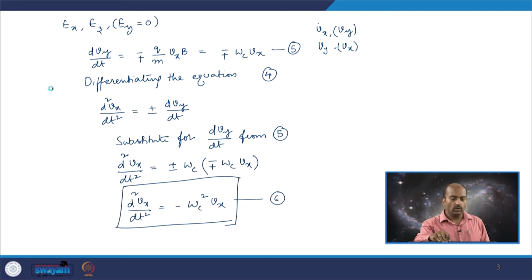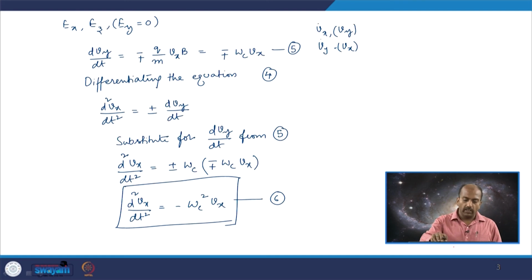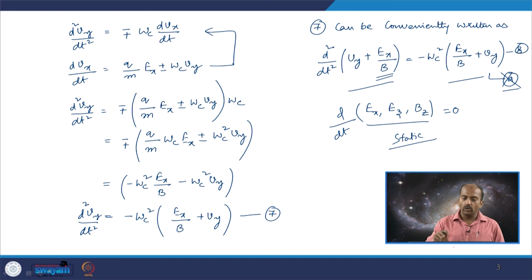The origin of this second order differential equation is simply this, equation number 1, right. So, the origin is simply the force expressed in terms of electric and the magnetic components, right. Now, starting from here, I have been able to obtain two second order differential equations, d square Vy by dt square and d square Vx by dt square.